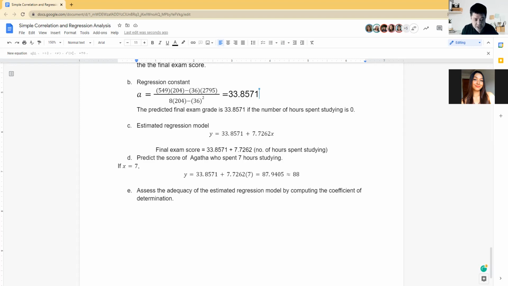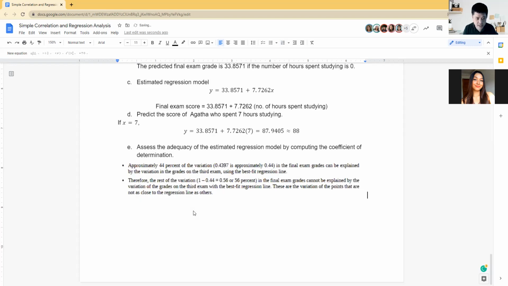So basically, r squared lang yan, r squared. So let's have an example here. So to measure the adequacy, we can use the coefficient of determination. That's just basically the square of r.